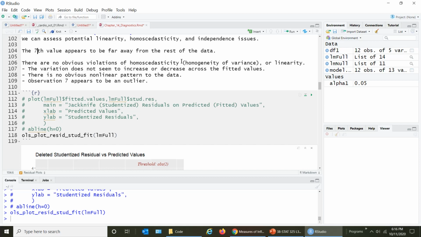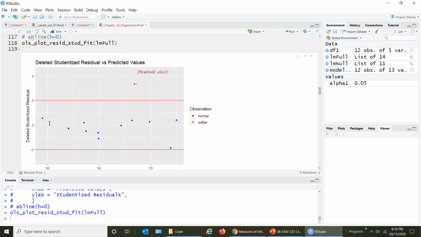appears to be far away from the rest of the data, what we're looking for are violations of homoscedasticity, or the homogeneity of variance, or the linearity. So we don't see a change in linearity across here, some pattern like it dips down like a parabola, or curves up like a parabola, or log or square root or anything else.